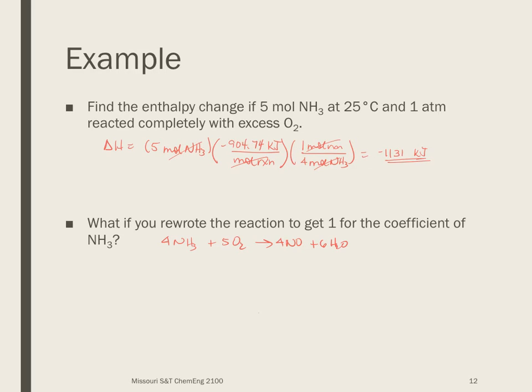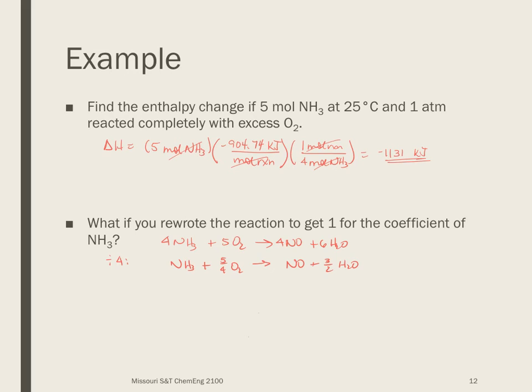In this particular case, I'm going to divide everything by 4, meaning I have NH3 plus 1 1/4 oxygen molecules makes NO plus 1 1/2 water molecules. Now, people frequently don't like this because it's hard to picture 1 1/4 oxygen molecules, but this does make it a little bit more transparent what you're doing.